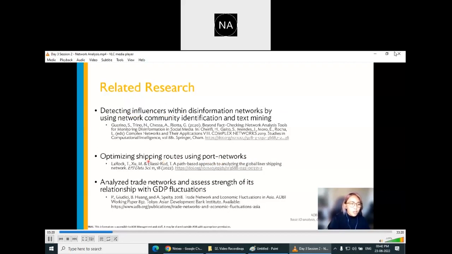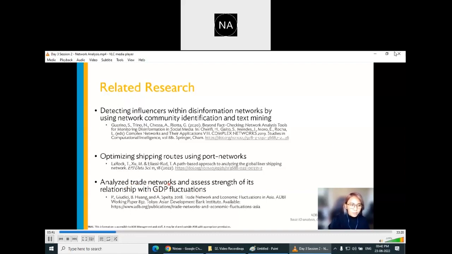Another example is on port connectivity networks, and what they try to do here is to look for the optimal route for shipping lines by looking at the shortest possible way to go from one port into the other.